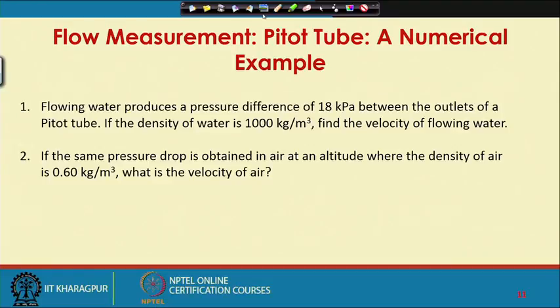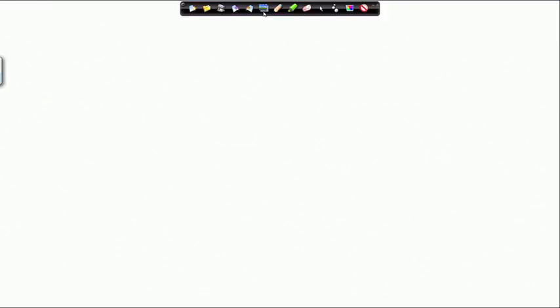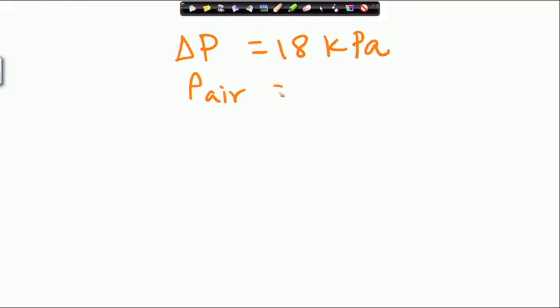So, we can find it exactly the same way. Again, delta P is given as 18 kilopascal and density of air is given as 0.6 kg per meter cube.